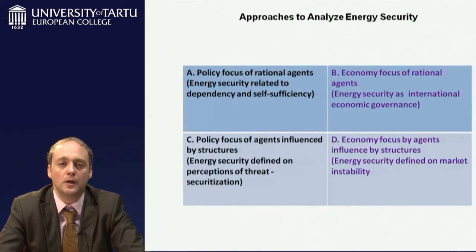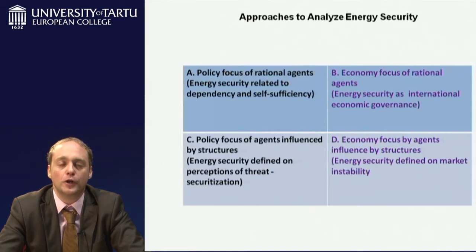Quadrant B is very similar to quadrant A in understanding the rationality of actors, but they take a different dimension on energy security, highlighting economic importance of energy security. And it would mostly focus on international and economic governance.